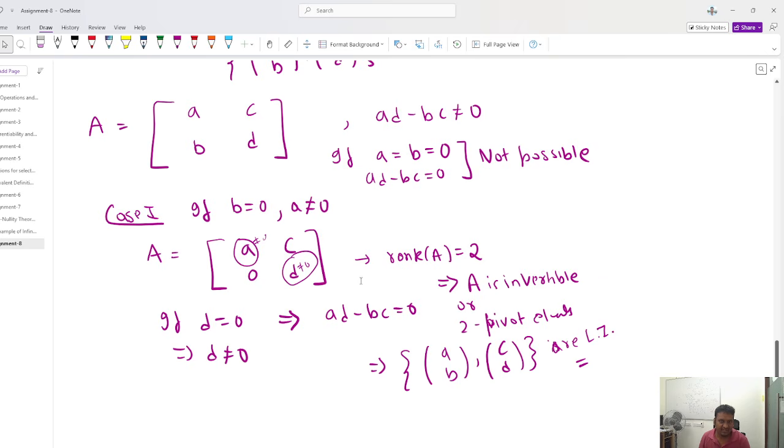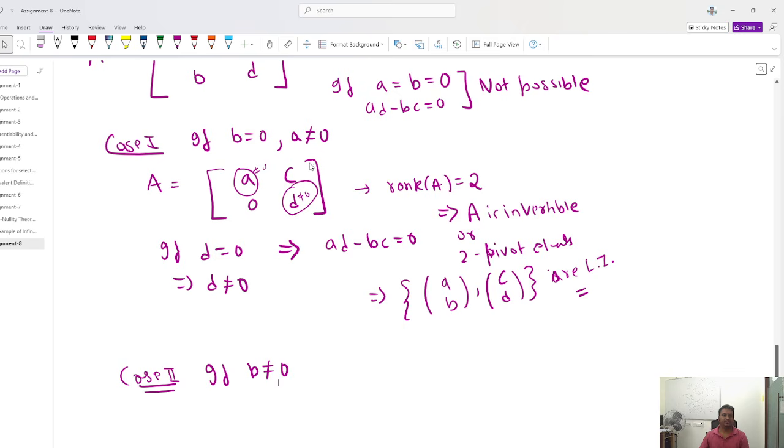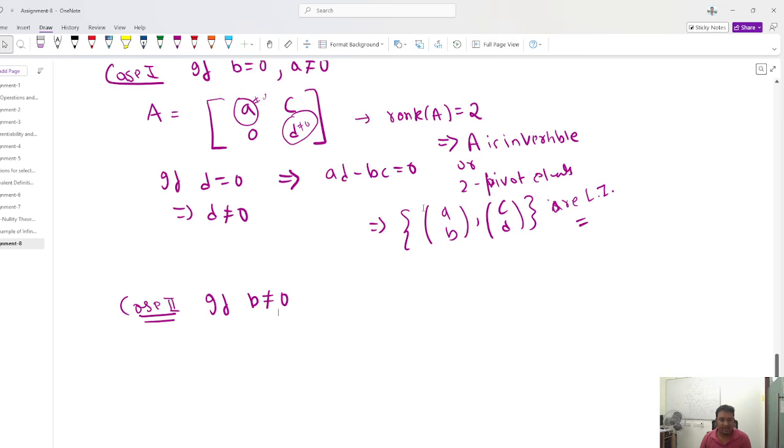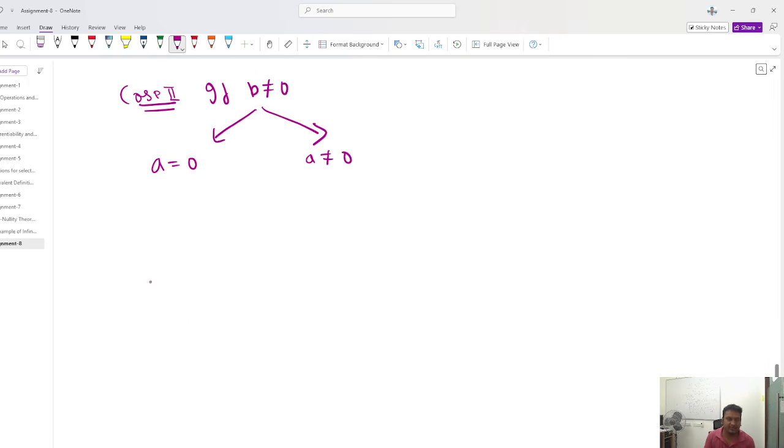So what condition have I taken? If B is 0. So case 2: if B is non-zero. Then A has to be non-zero, right? But if B is non-zero, there are two possibilities, right? A can be 0 or A cannot be 0. So let us determine these possibilities.